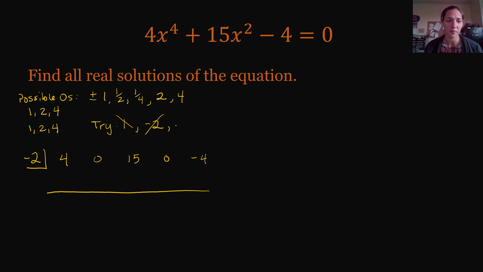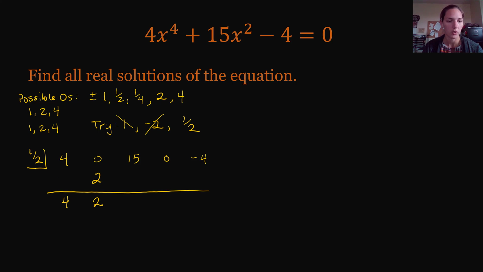Let's try something small. These big numbers have been getting bigger and bigger, and that hasn't been helping us. So let's try 1/2. I went up first, and that didn't work, so now let's go down and try those fractions. 4 times 1/2 is 2.